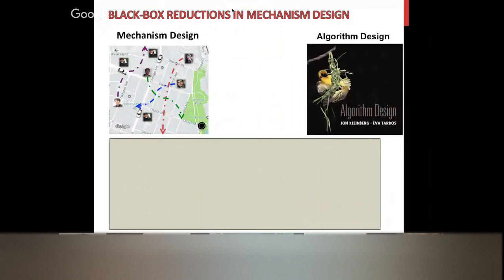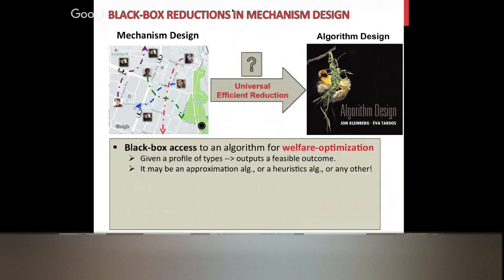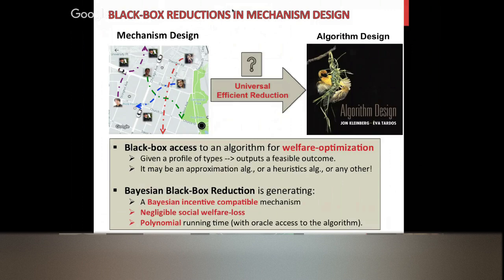Okay? So we are looking at efficient reductions in this computational model where you have black box access to some algorithm that, as I said, can be any approximation algorithm or any heuristic. And now we need a mechanism that has these three properties. First of all, it is BIC.